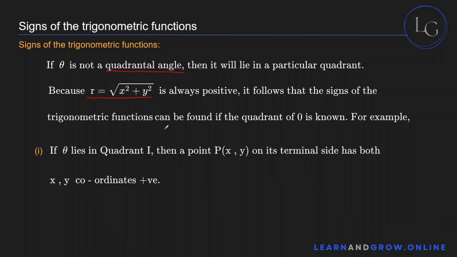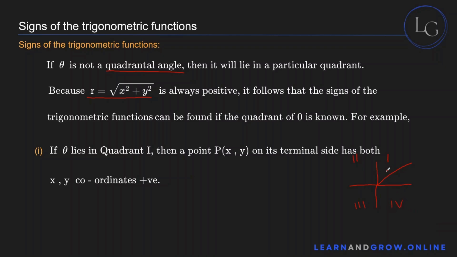For example, if theta lies in quadrant 1, then the point P, so basically the end of the line that defines theta on its terminal side, has both x and y coordinates as positive. So if you have here a grid, and if the angle theta lies in this particular area, this is quadrant 1, this is quadrant 2, this is quadrant 3, and this is quadrant 4.